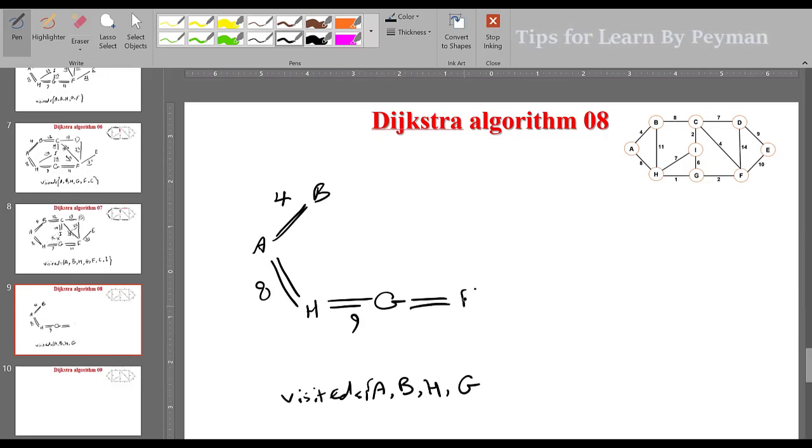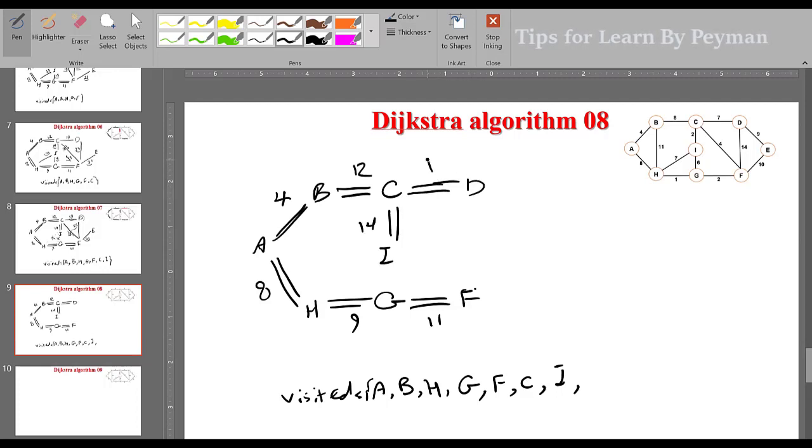Then open the F with value 11. Then we open the C with value 12. And then we open the I with value 14. And then we open the D with value of 19 here. Okay, we open this.